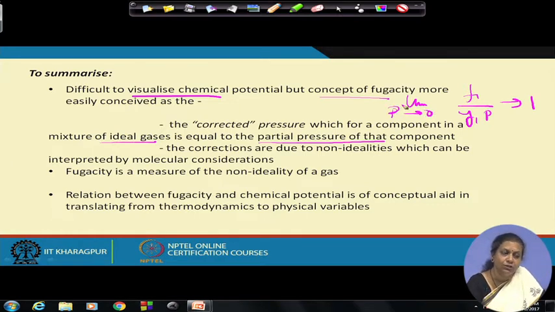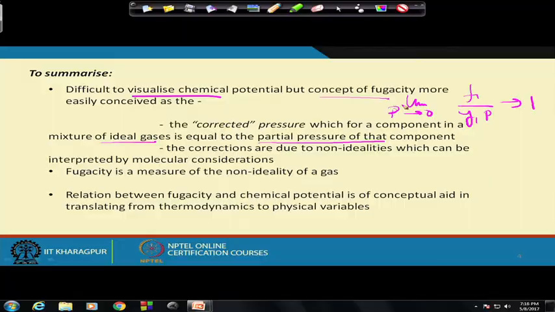And why do you need to correct pressure? We need to correct pressure just because there are typical non-idealities which can be interpreted by molecular consideration. So, if you are concerned with gas, fugacity is nothing but a measure of the non-ideality of the gas. If it is for any other substance, it just notes the deviation of that substance from the ideal gas behavior. And by defining fugacity, what have we done?